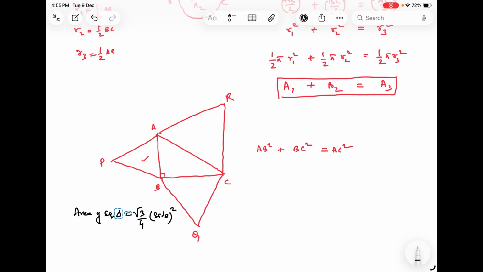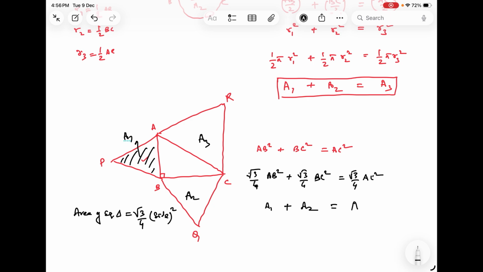So if I multiply both sides by root 3 by 4, I get root 3 by 4 times AB square plus root 3 by 4 times BC square is equal to root 3 by 4 times AC square. So again we get root 3 by 4 times AB square means the area of this triangle, which is A1. This is A2 and this is A3. So again we have A1 plus A2 equals A3.